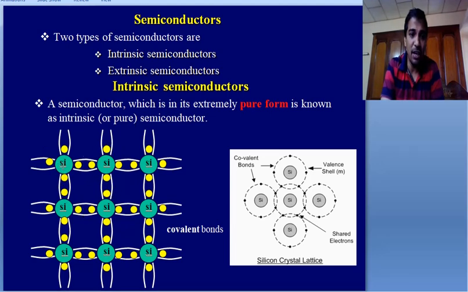So each atom is sharing, making 4 covalent bonds, as we just discussed in the properties. Like this, they make a crystalline form. You can see this diagram also, how they are sharing: first covalent bond, second covalent bond, third, fourth. Each silicon makes 4 covalent bonds.